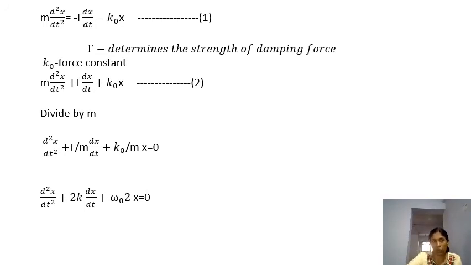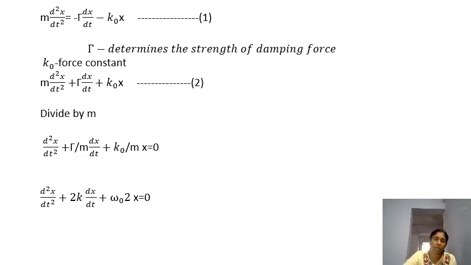So this retarding force and restoring force are opposite to the direction of the displacement, so the negative sign is used here. k naught is a force constant. Taking the terms from the right side to the left side, the signs are changed: m d square x divided by dt square plus gamma dx divided by dt plus k naught x equal to 0.